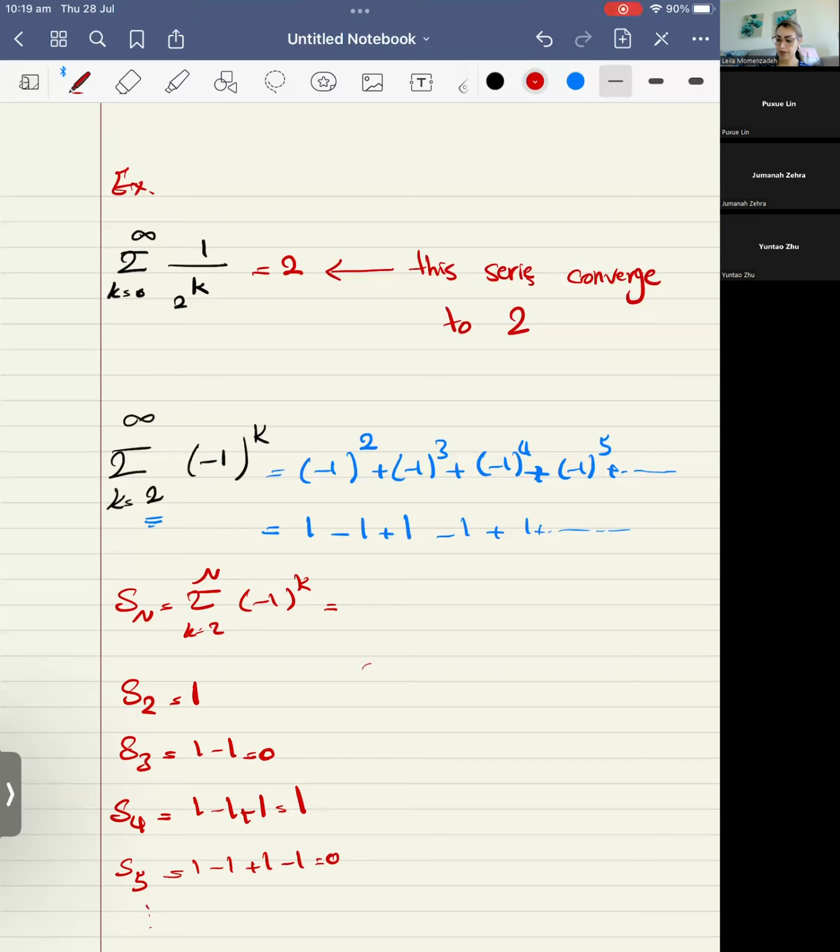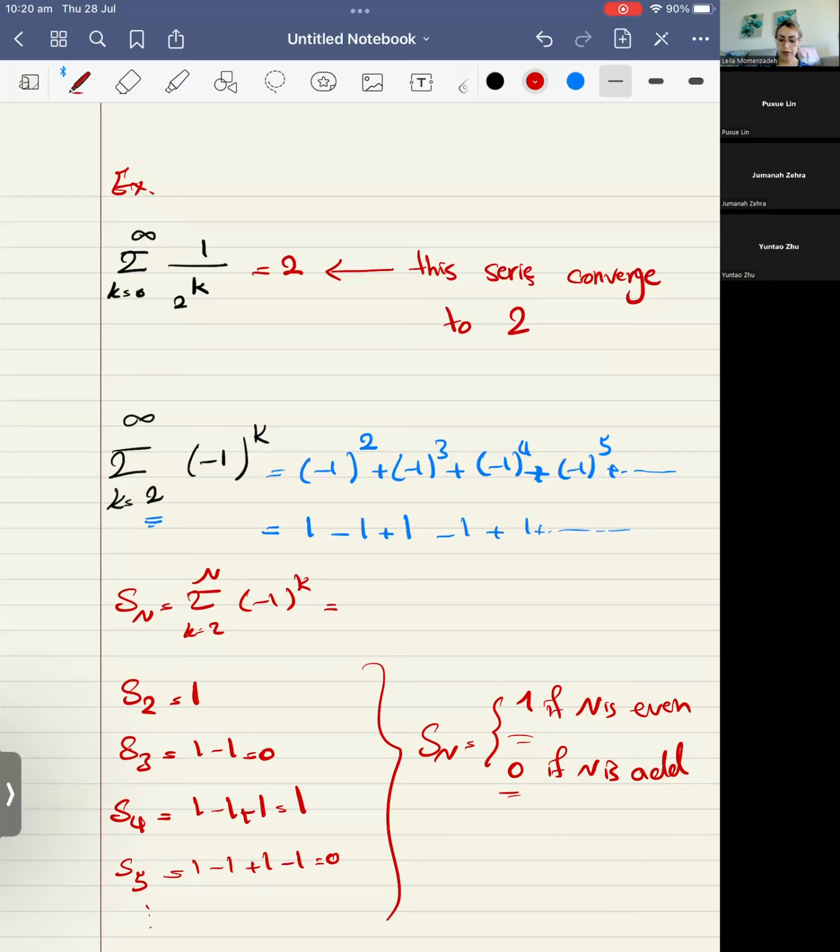It means the partial sum is 1 if n is even and 0 if n is odd. You don't have a single answer. It's not a convergent series, it's a divergent series, okay?